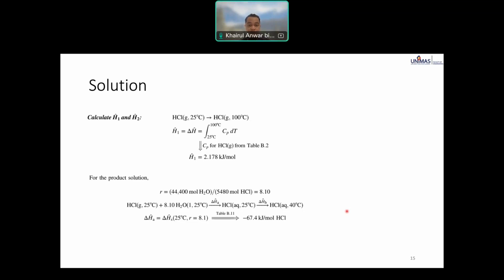For the calculation of H2, the pathway is delta HA and delta HB. For delta HA, based on Table B.11, it equals negative 67.4. You need to do interpolation between 5 and 10 for R.